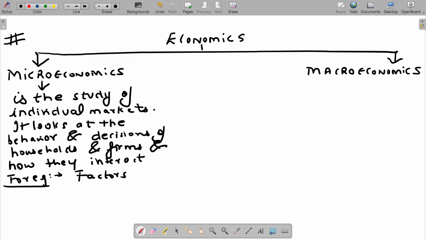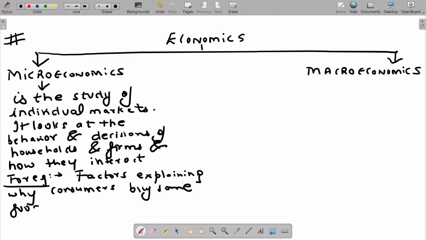Factors explaining why consumers buy some goods and not others is a topic in microeconomics.